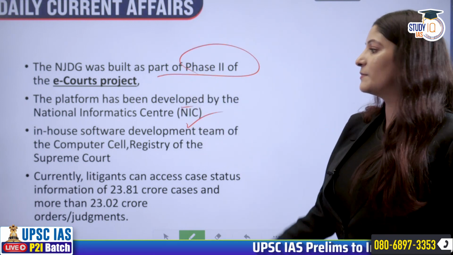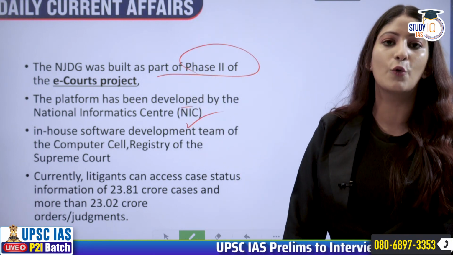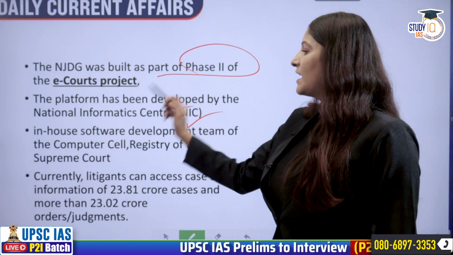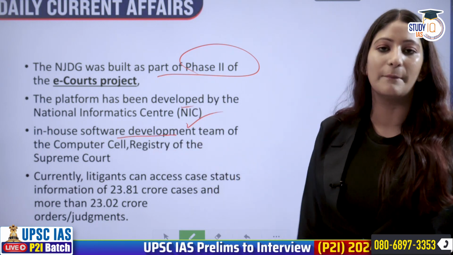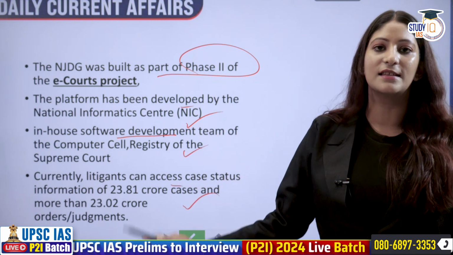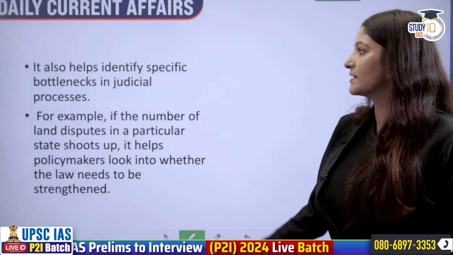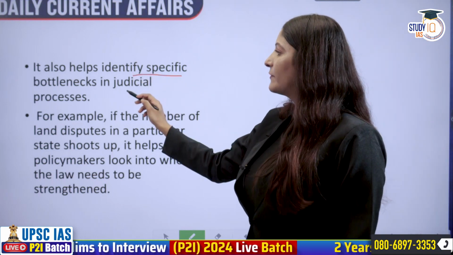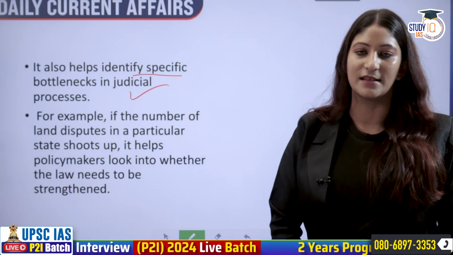It has been developed by the National Informatics Centre through close coordination with the in-house software development team of the Computer Cell, Registry of Supreme Court. Litigants can also access the information regarding these cases. It helps identify specific bottlenecks in judicial processes.